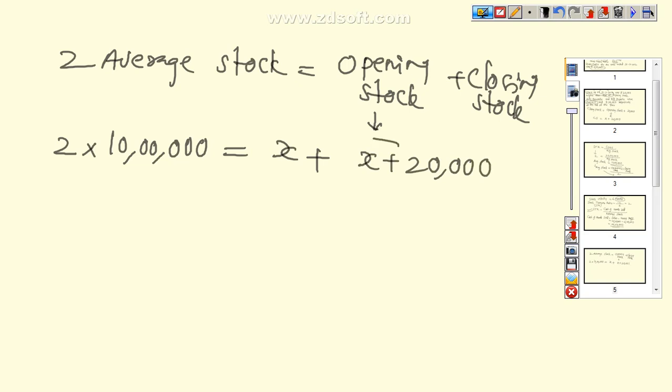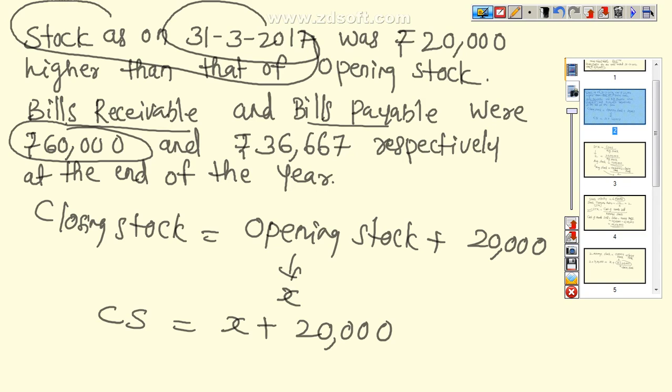Here X plus 20,000 means closing stock. From where do we get this value? According to the sentence given in the question, closing stock is equal to opening stock plus 20,000.